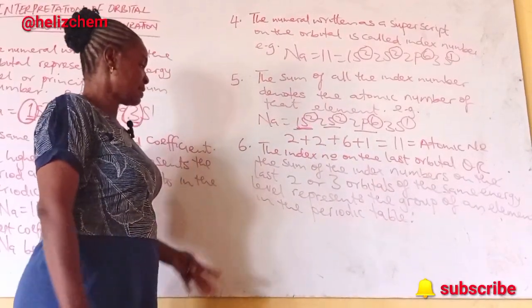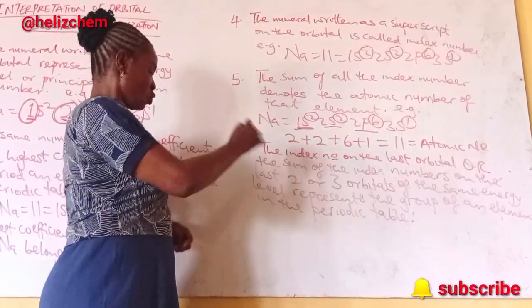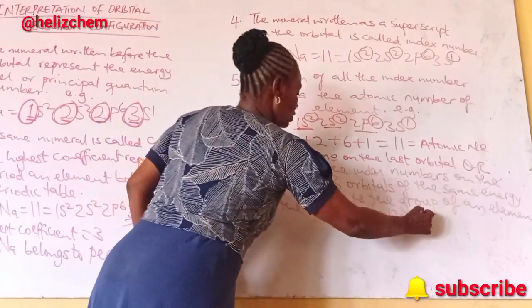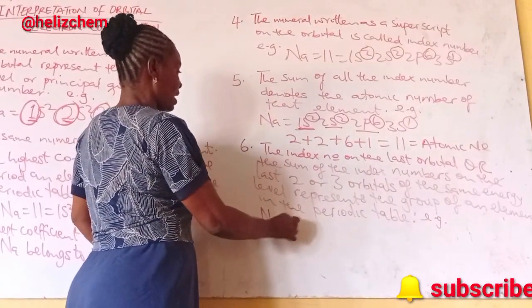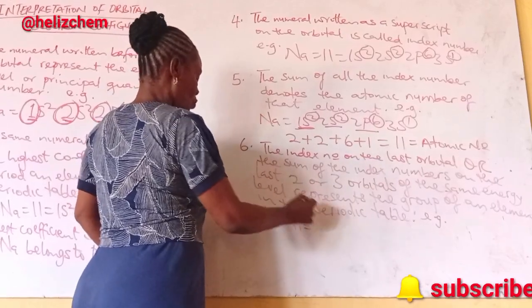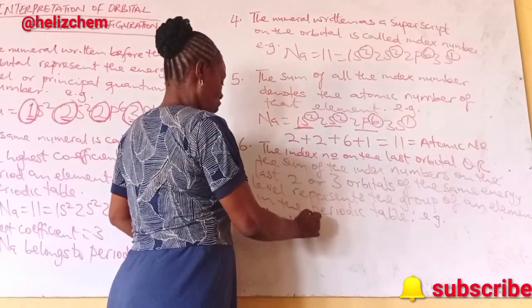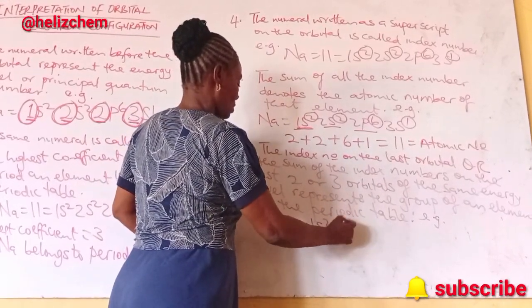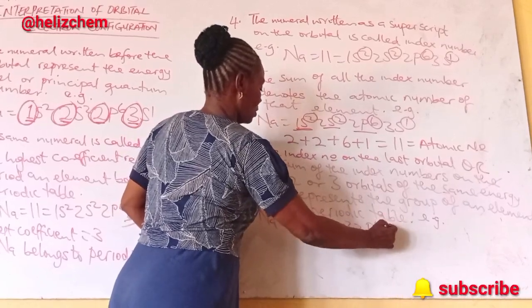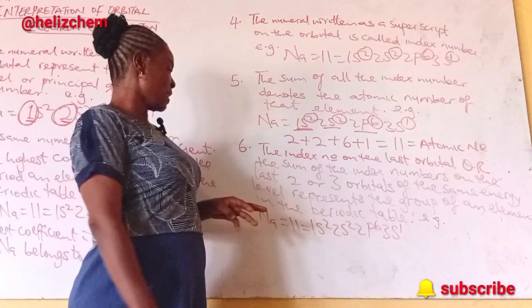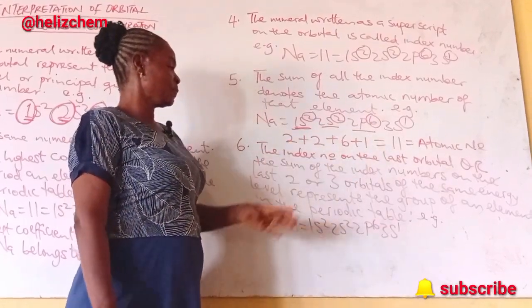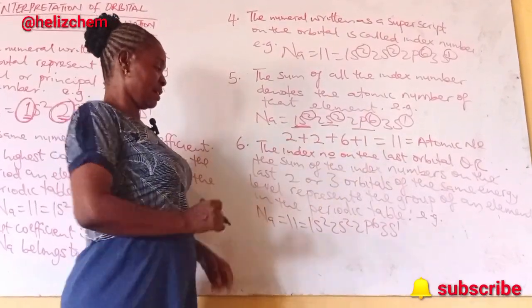What do I mean by that? Let's consider sodium, for example. You want to detect the group to which sodium belongs. If you go by the first statement, the index number on the last orbital.